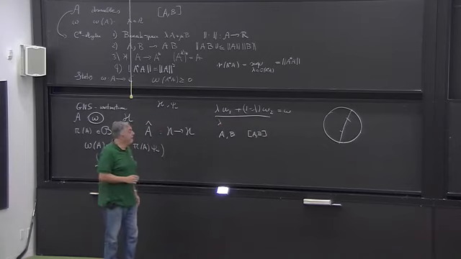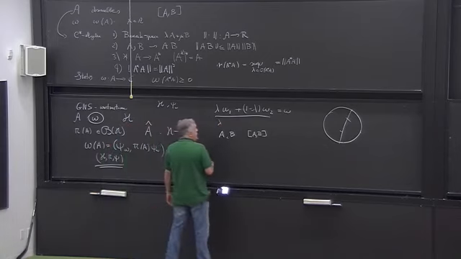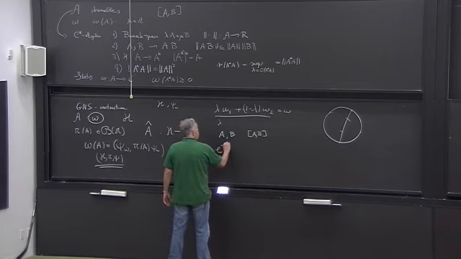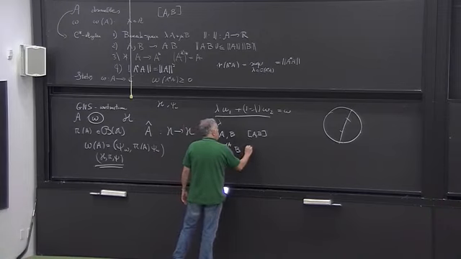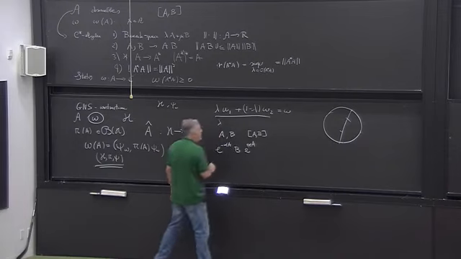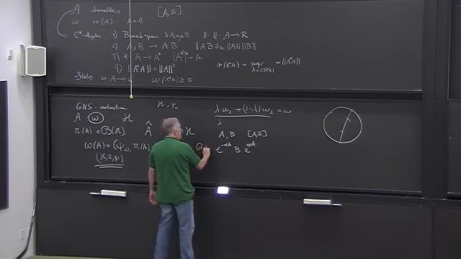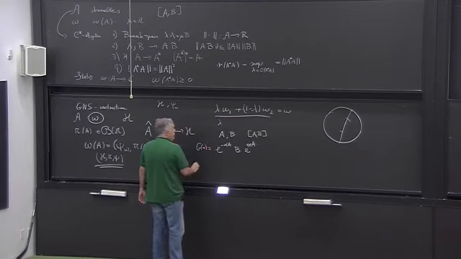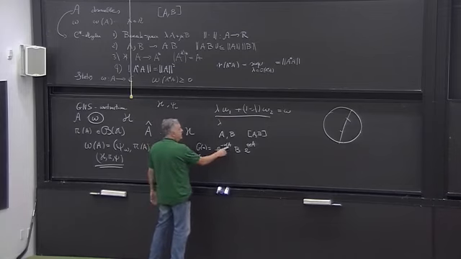The first thing you can examine is this function, e to the minus alpha A, B, e to the alpha A. Call this function G of alpha. What is G of 0? This is 1, this is 1. These are operators.